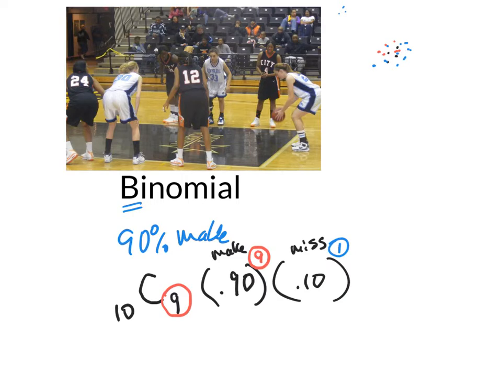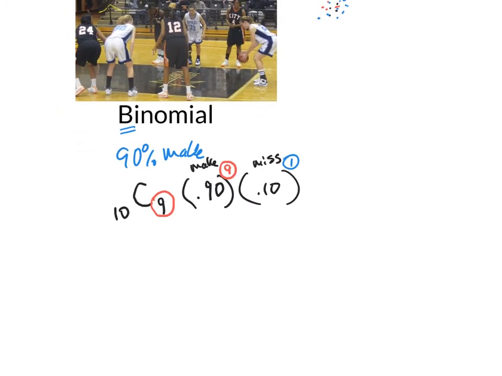Okay, so let's see if you can put that in your calculator. So everybody grab your calculator and type in 10C9 and then times 0.9 to the 1 times 0.1 to the power of 1.